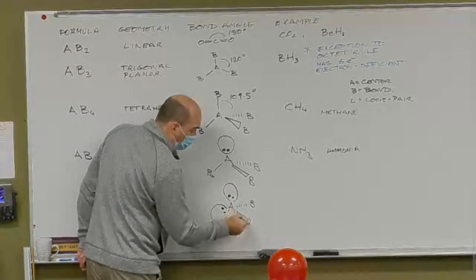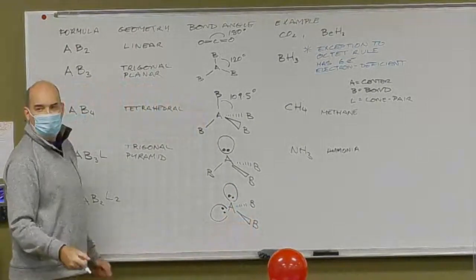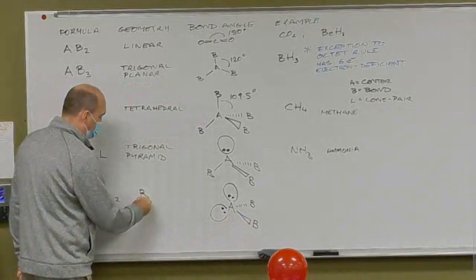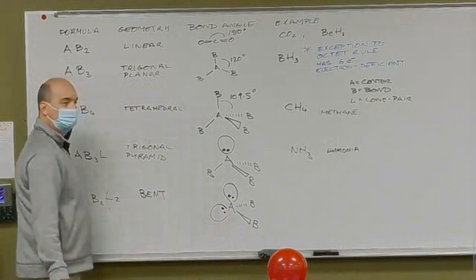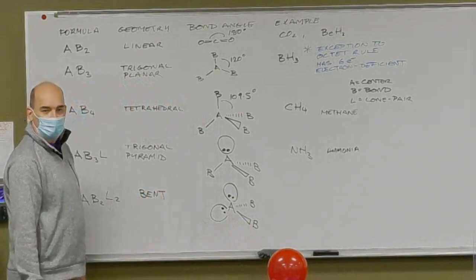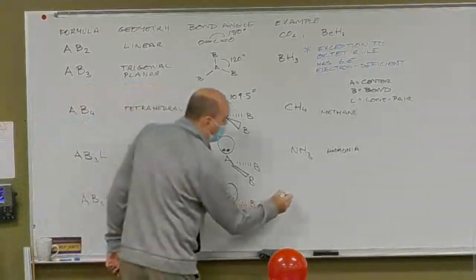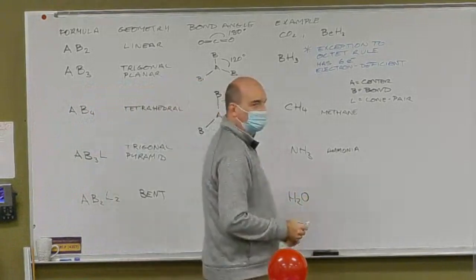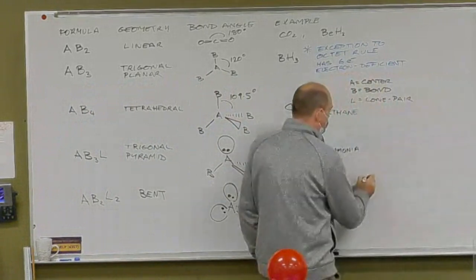And then a B, and a B. This is V-shaped, L-shaped. We've settled on bent as being a word that everyone can get behind. And our big example here is water. That water is bent. And that's incredibly important.